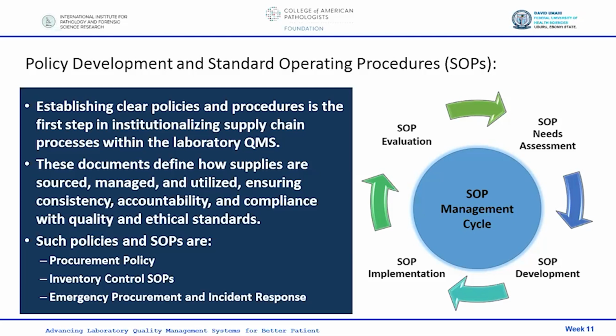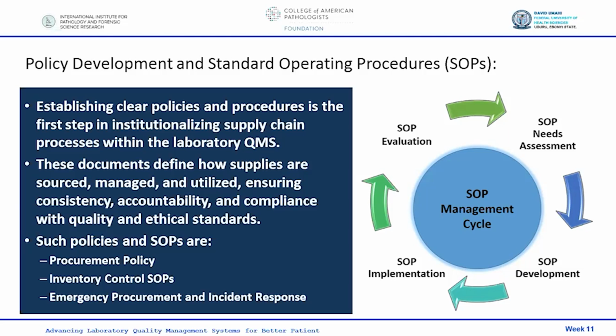Examples of such policies and SOPs are the procurement policy. It is important to have a procurement policy. This procurement policy is all about outlining the framework for sourcing goods and services ethically and efficiently. That's what it does. It should define approval thresholds.